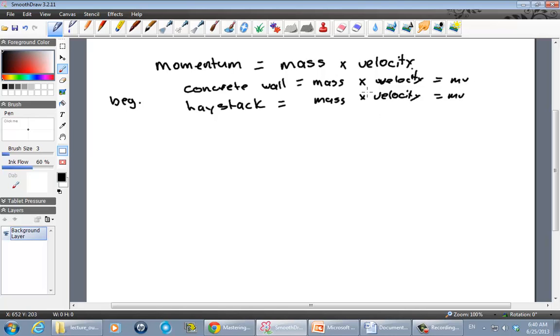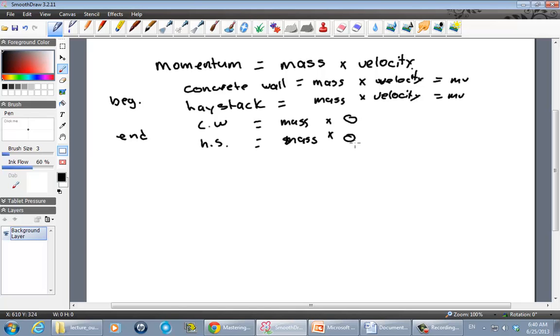And at the end, with the concrete wall and the haystack, does the car have the same mass in both instances? Sure. And what's its velocity at the end? After the car has crashed into the haystack or into the concrete wall, the velocity is 0 in both instances.